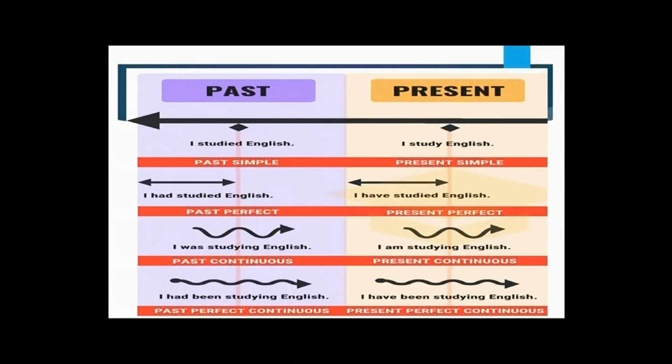I was studying English. It is past continuous. I am studying English. It is present continuous. Here also is the difference of helping verb. In past continuous, was is used. In past continuous, we use was or were according to the subject.